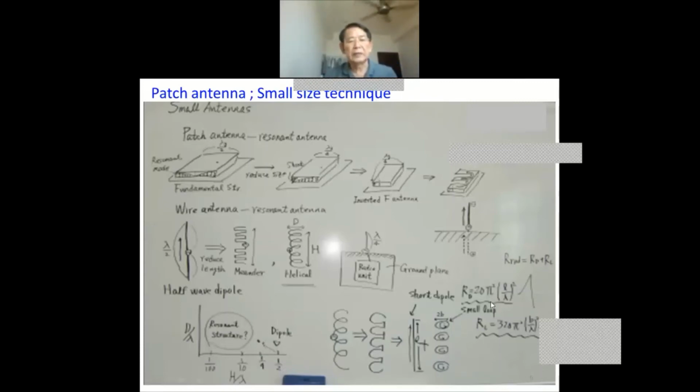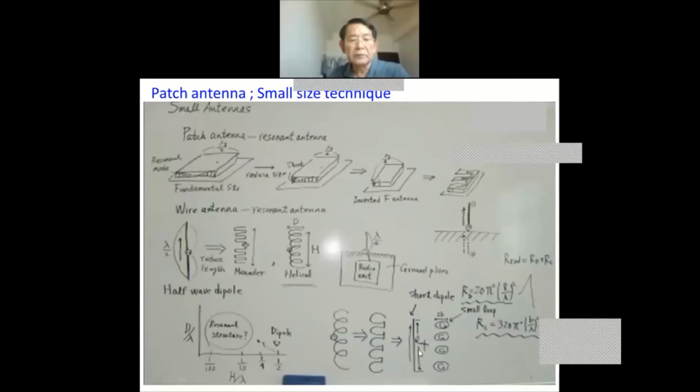However, by reducing the length like in this equation, the dipole and the small loop resistance become reduced.